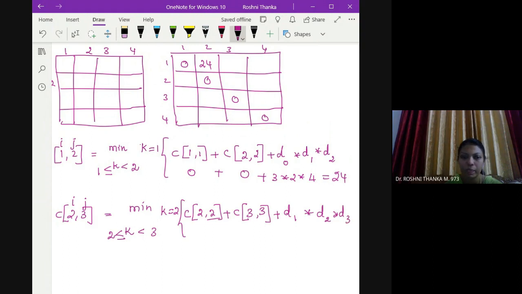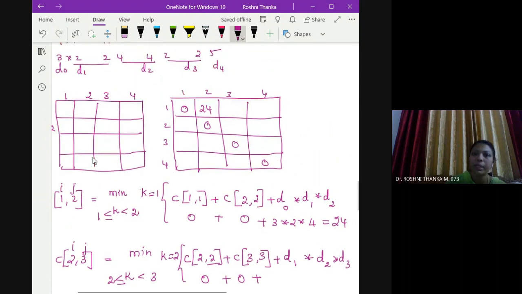Okay, so let us do this. When I apply the values, when the i and j values are equal, then the cost of multiplying is 0. There is no multiplication, and here 3 and 3 means again 0. Plus, what is d1 here? d1 here is 2, into, what is d2 here? It is 4. And what is d3 here?